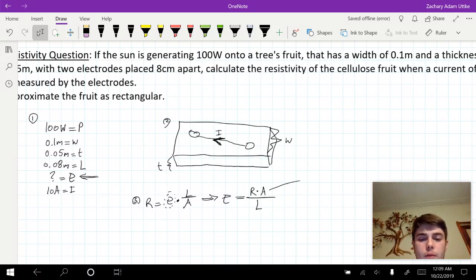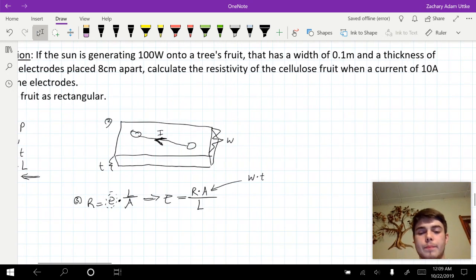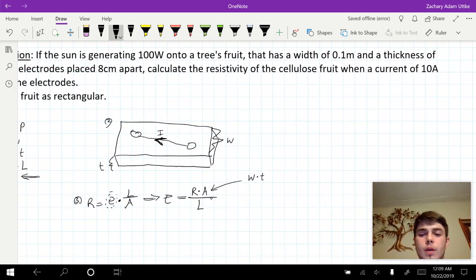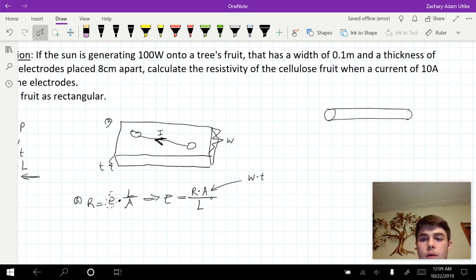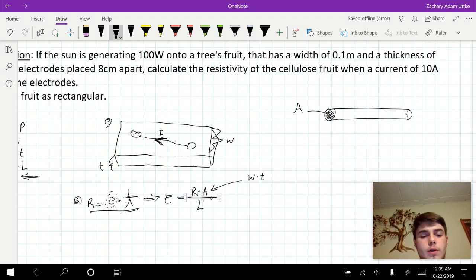And I think we could calculate the area through width times thickness. And this might seem not exactly intuitive, but in a more ideal example of like a wire, right? The area right here is the area we would use in this equation.